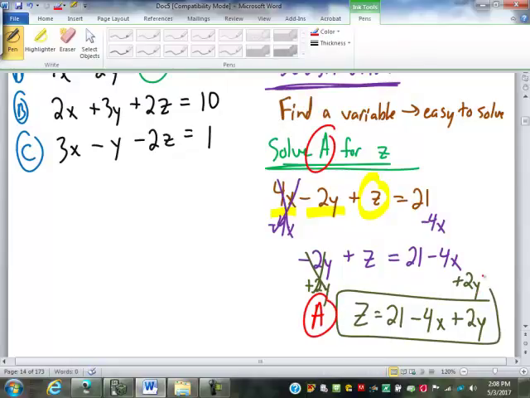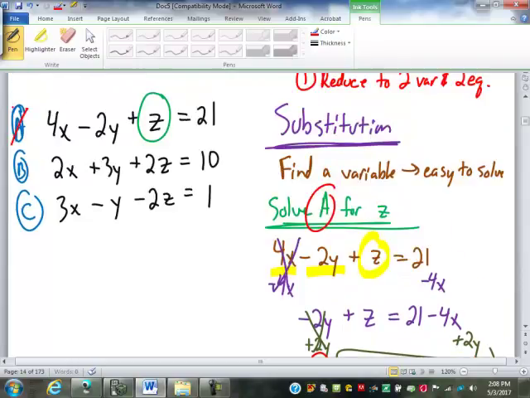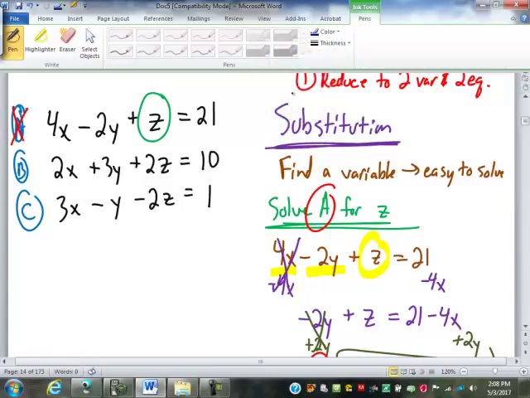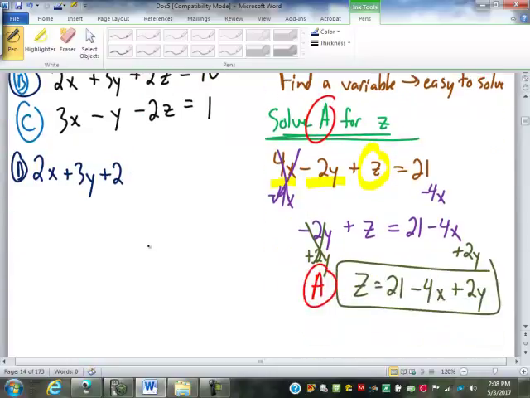Now, since that was equation A, I'm not going to use equation A again right now. I have to use the other two equations. So I'm going to take equation, it doesn't matter which one I use first. So I'm going to take equation B next. 2x plus 3y plus 2, but instead of z, I'm going to put in this right here, 21 minus 4x plus 2y.